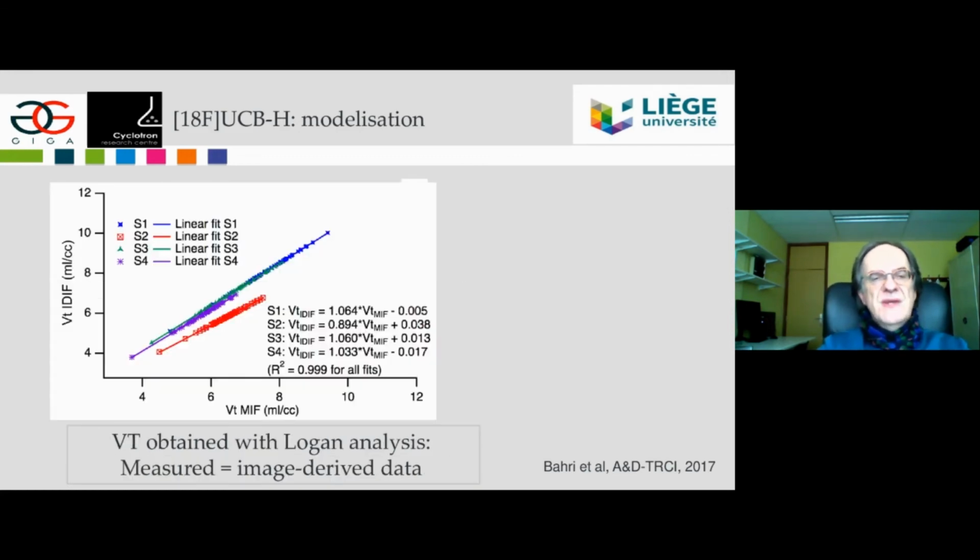So that's what we did, and effectively with the measure, we demonstrated that with the image-derived input function, so your input which is coming from pseudo blood, and with your measured input function with arterial cannula, you finally obtain roughly the same kind of information when you measure your total volume of distribution of the tracer.